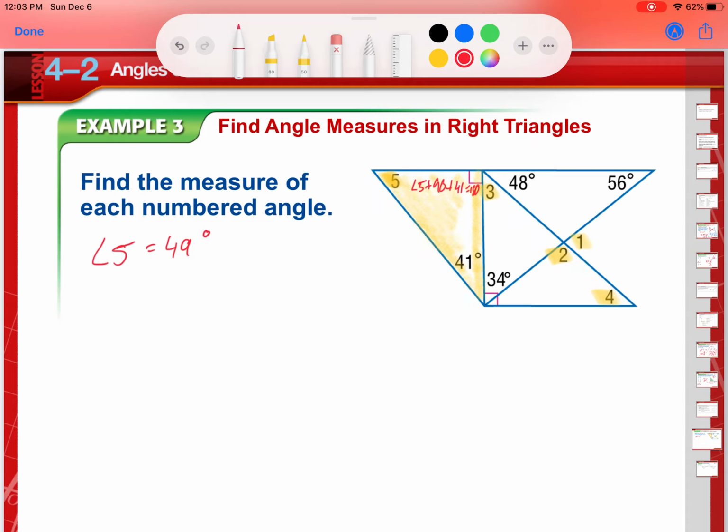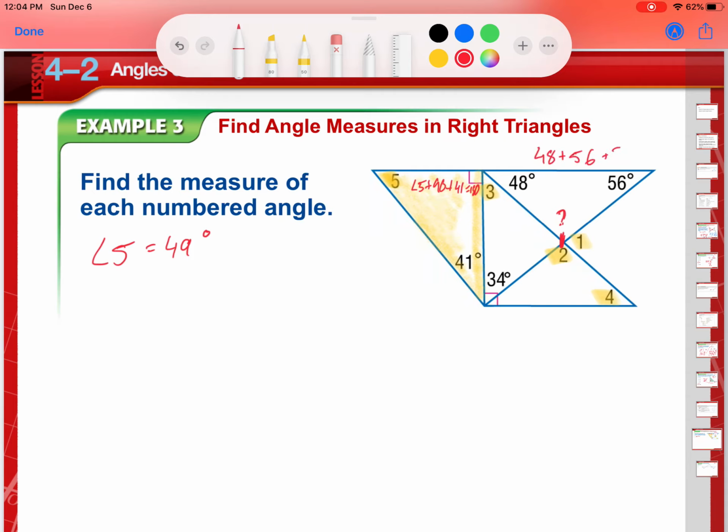All right. So now we have to figure out which other ones we can solve off the bat. Angle 3, there's a lot of unknowns there. Okay, here's one. So this one's a little far-fetched, but I know it's doable. So angle 2 is a vertical angle to this angle right here.